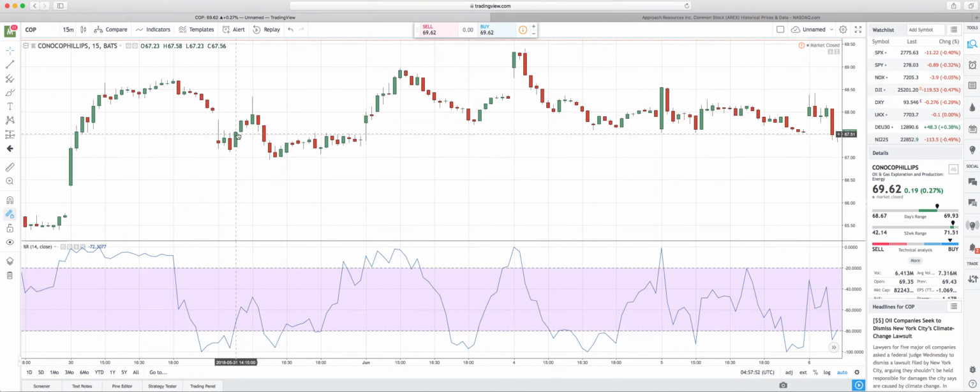And then we would not buy this until about right here. When we buy right here, we're going to take a call as the stock is coming out of oversold levels. As you can see, we have a little fake out right here. We're going to hold this one for probably the rest of the day, but it's still a good day trade. We would have gotten in on this candle, somewhere in the 67.20 range on the high.